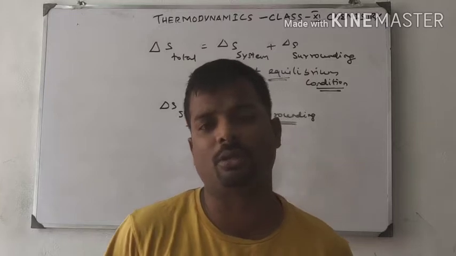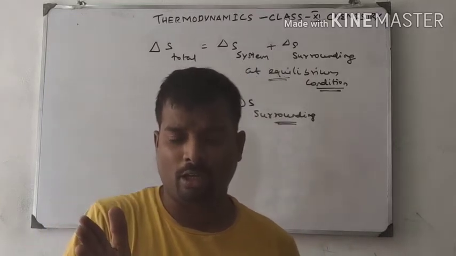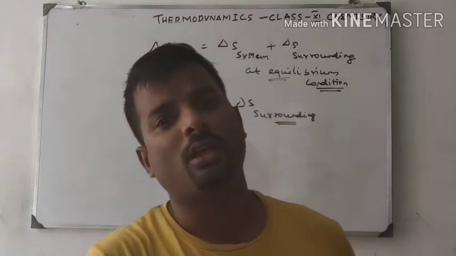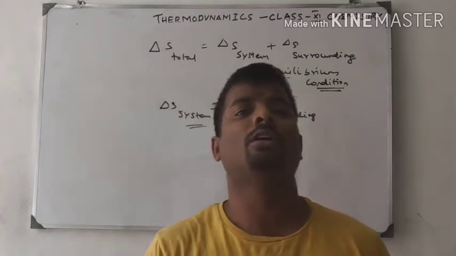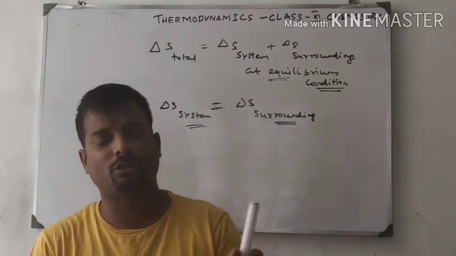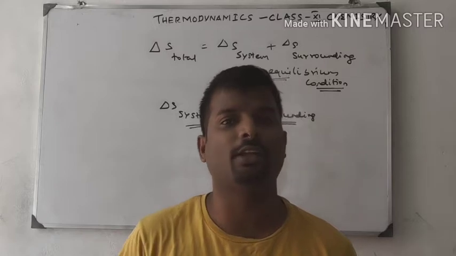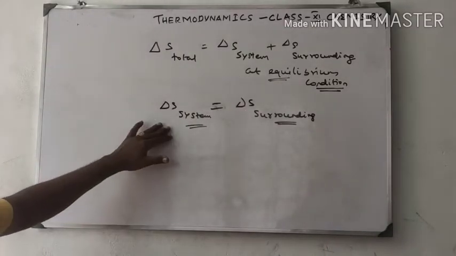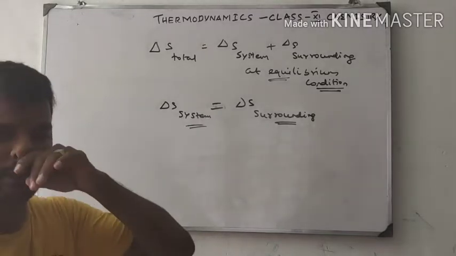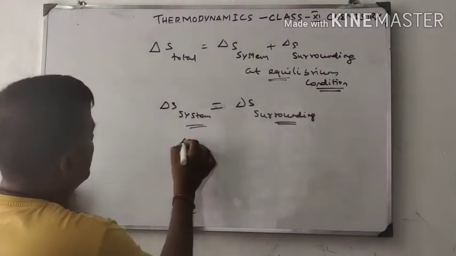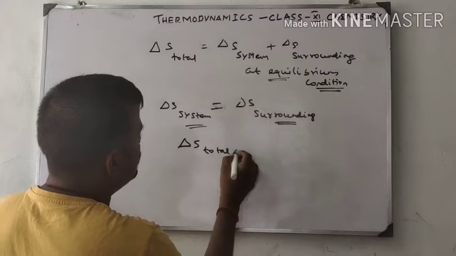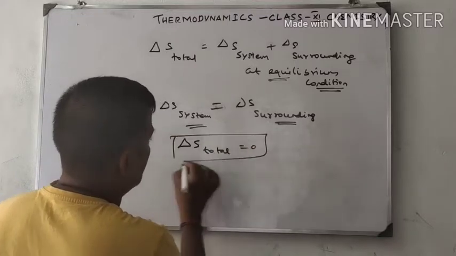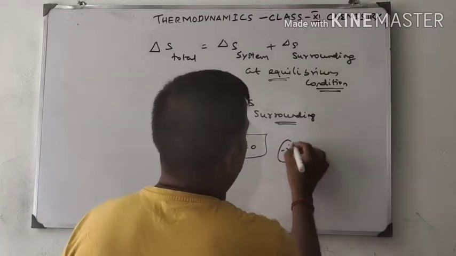In an isolated system, heat will not be given to the surrounding, and the surrounding also does not supply heat to the system. There is no exchange of energy taking place. Therefore, in that category, delta S system is equal to delta S surrounding. So in this category, delta S total is equal to 0. At equilibrium, it's a very important condition.